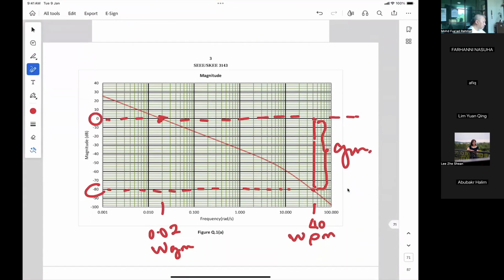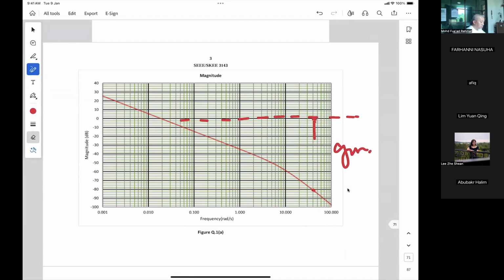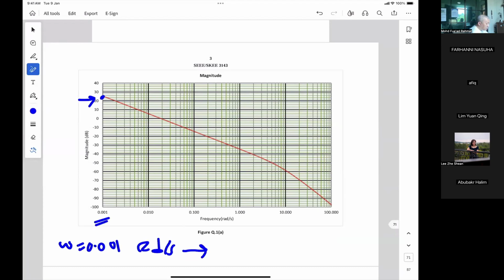Okay, so we have to delete this one first. Farhani. Ya, doktor. Berapa ni? 0.001. 26.